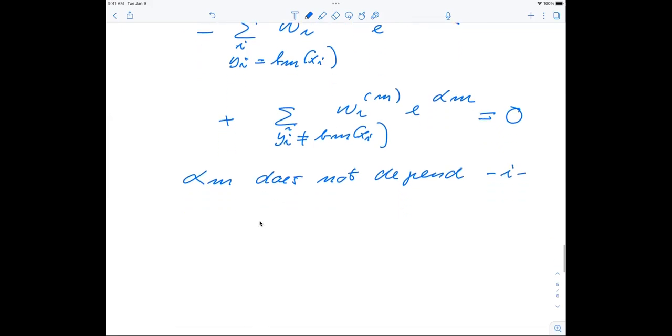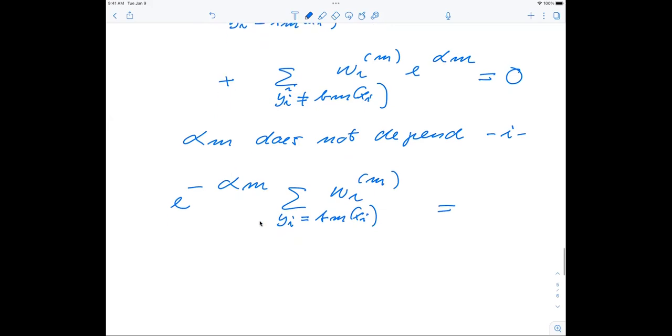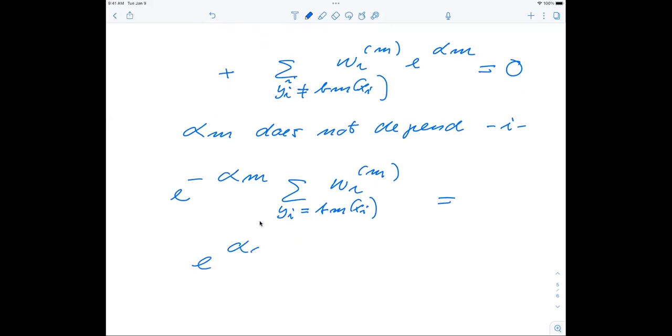So we can rewrite this: when we shuffle one of the terms over to the left-hand side, I have e to the alpha m, and then I have this summation over y of i equal to b m, so we are classifying correctly, and then I have the weights w i of m. And this is simply equal to e to the alpha m times the sum over y of i different from b m of x of i of w i of m.